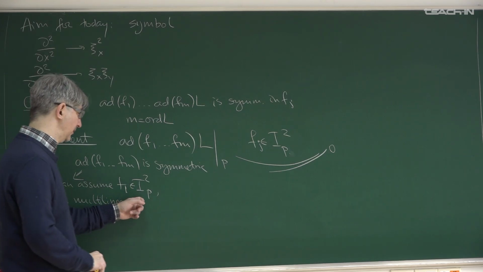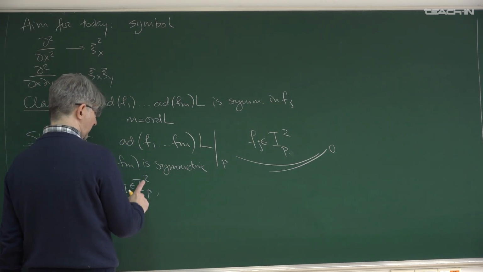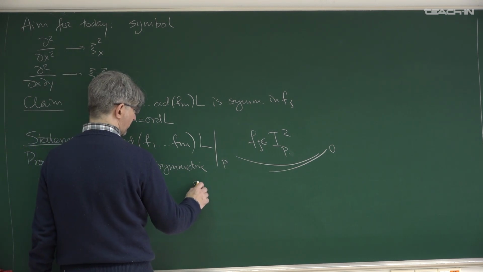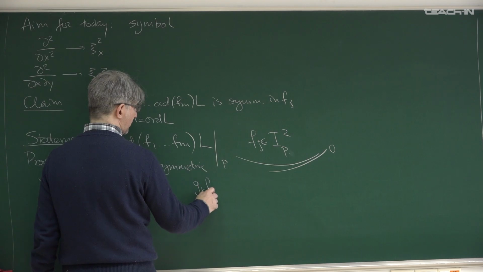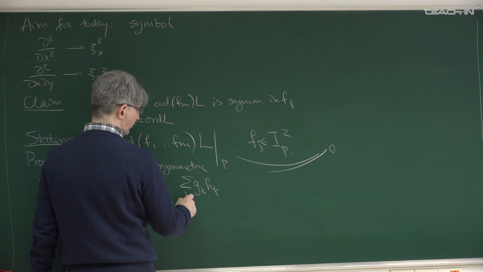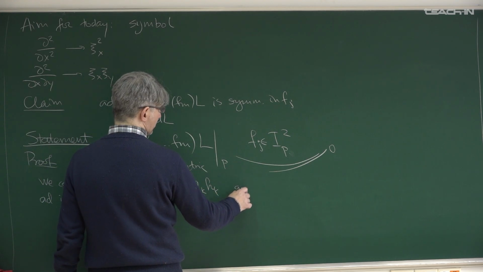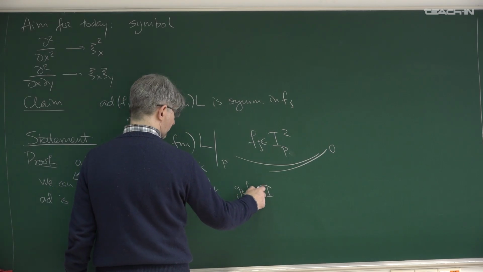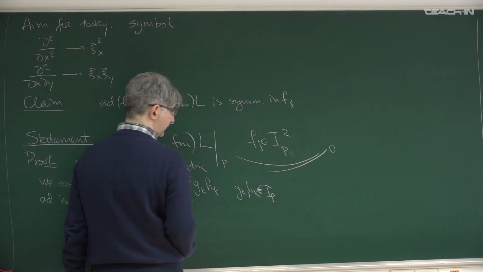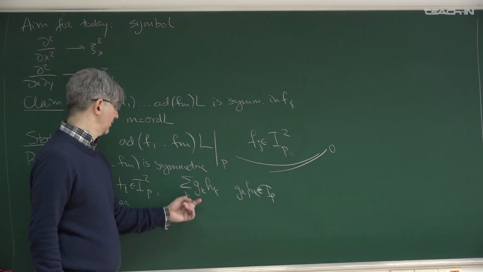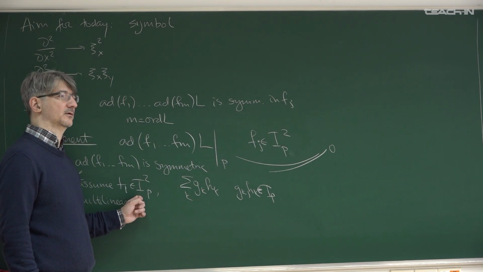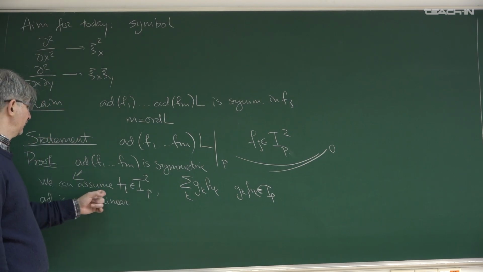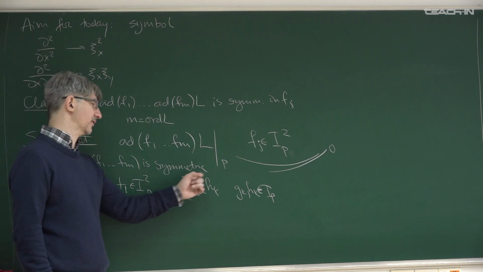So an element from the square of the ideal should have the form of a sum over k of g_k h_k, where g_k and h_k both belong to this ideal. This is a typical element in the square of the ideal. But since ad is multilinear, I can assume that f1 is not an expression of such form.